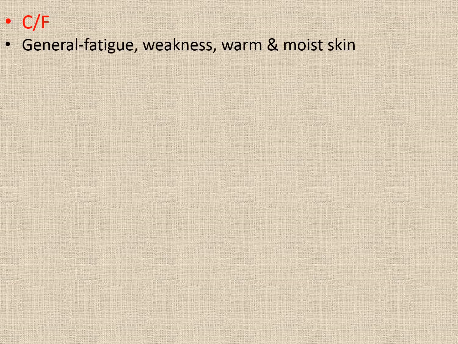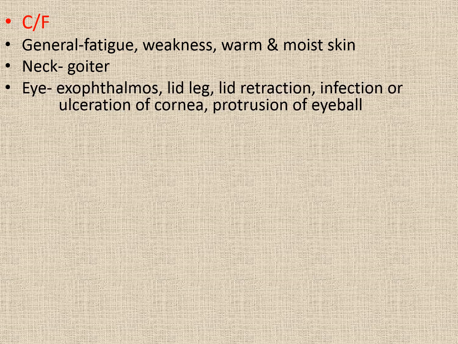Clinical features of hyperthyroidism. General clinical features: fatigue, weakness, warm and moist skin. On the neck, enlargement of the thyroid gland, that is goiter. On the eye, exophthalmos, lid lag, lid retraction or infection or ulceration of the cornea.